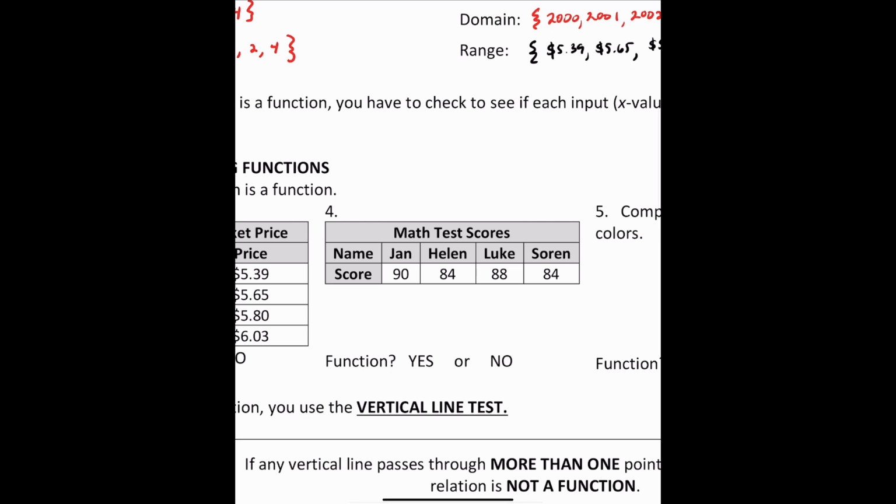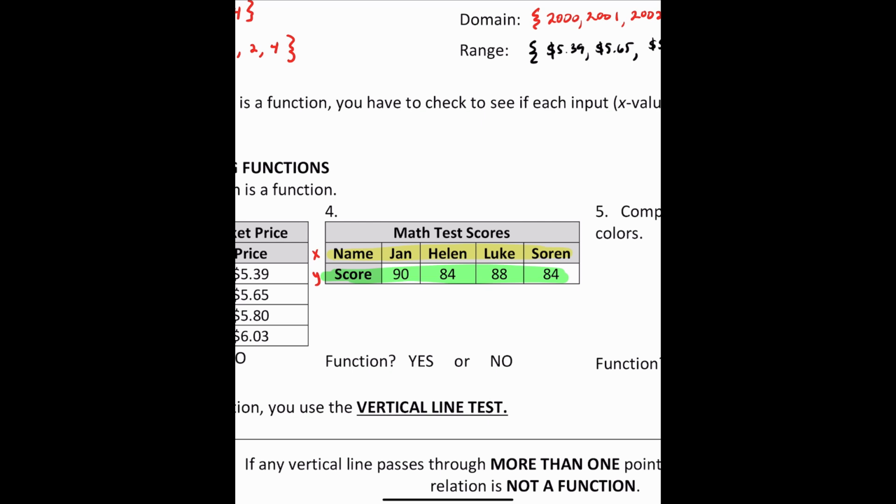All right, we have math test scores. Here are the names and the scores. Now, the names are going to be our X values, and then the scores are going to be our Y values. So again, the names are X's and the scores are Y's. So we have Jan, Helen, Luke, Soren.